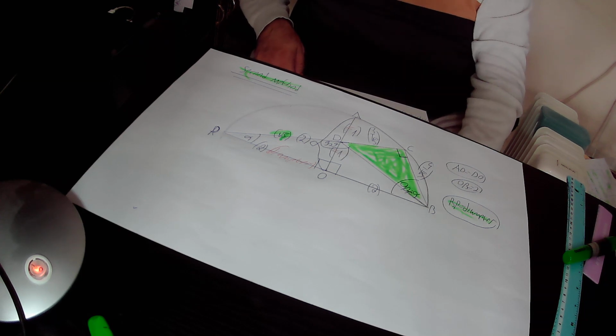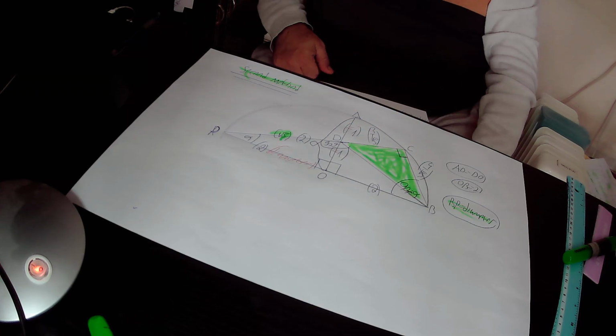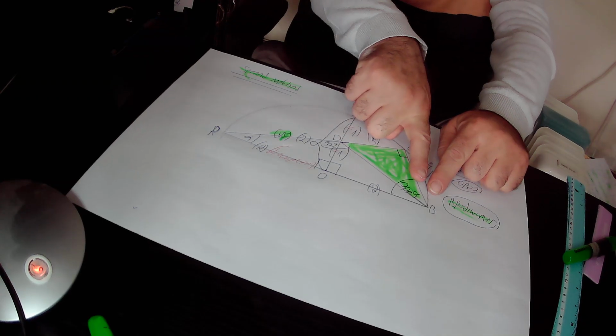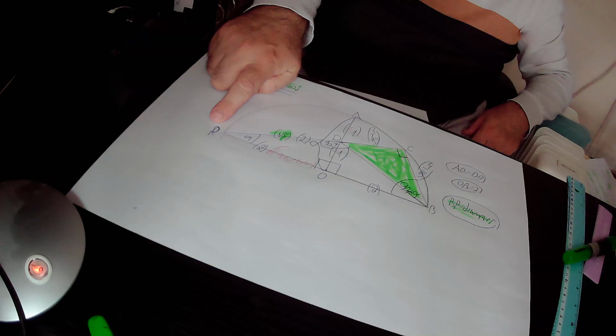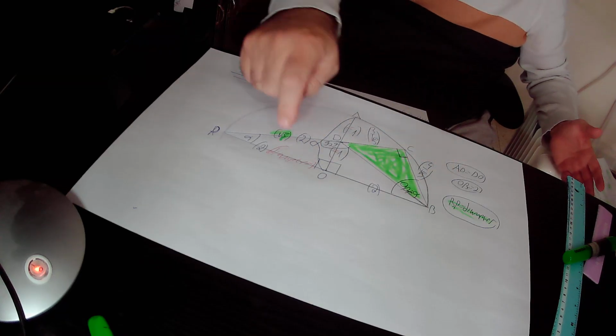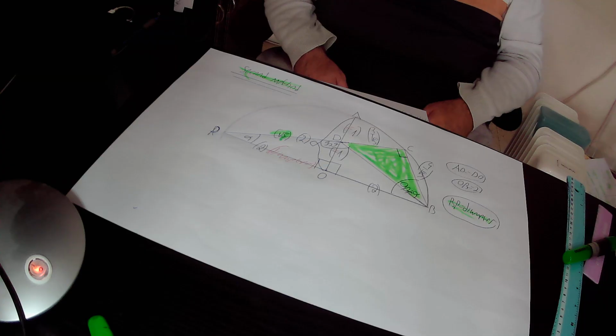In the next step, we completed this quarter circle to a semicircle, and then we extended the radius BO by sideline until it touches the circle at this point P. Because this is a semicircle, PB is the diameter of the semicircle.